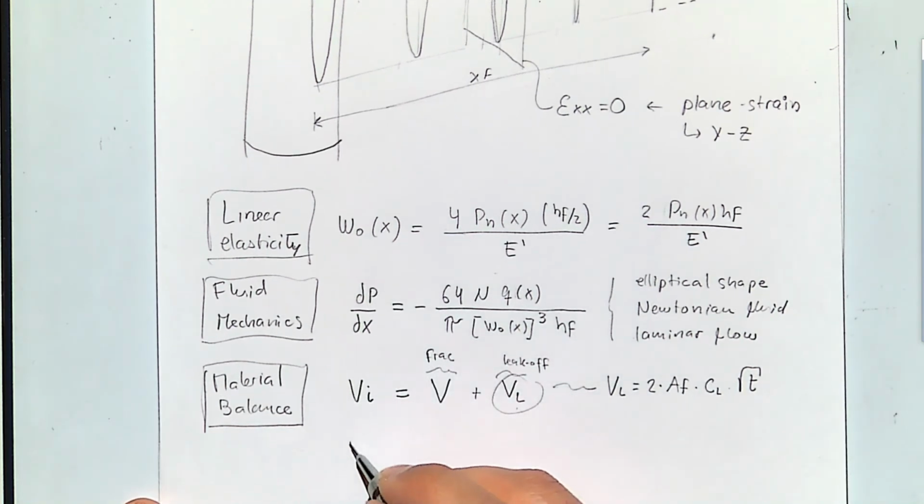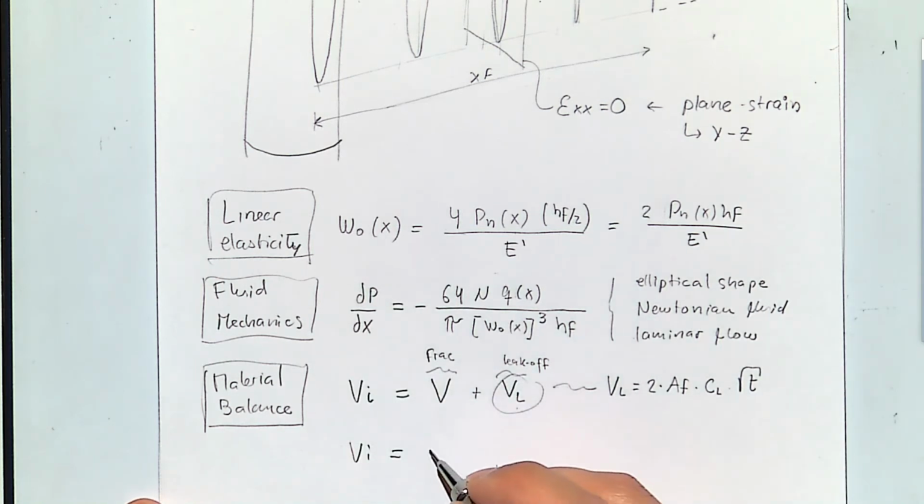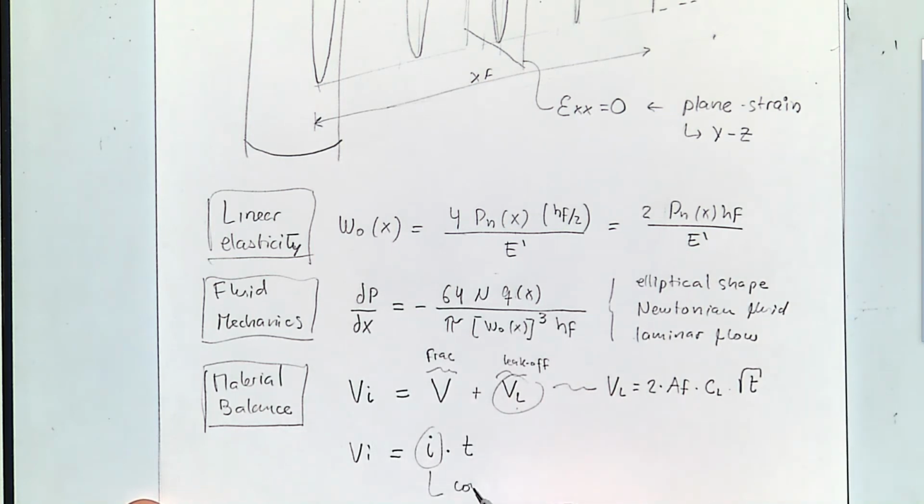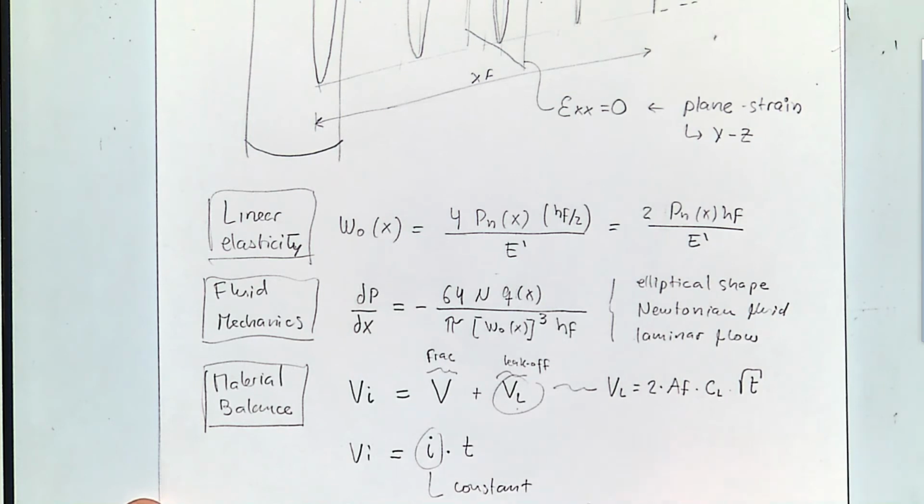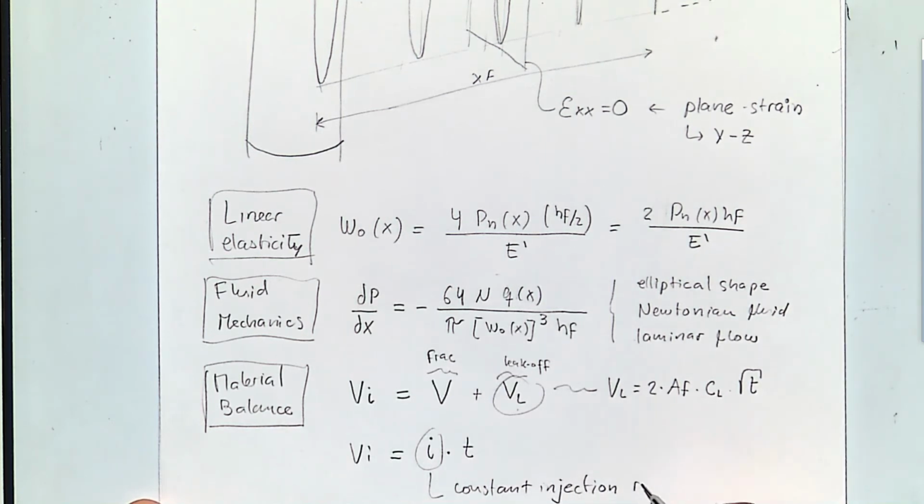The injection volume for a constant injection rate is just going to be injection rate times time. If you have something a little bit more complex, then this equation is not going to hold.